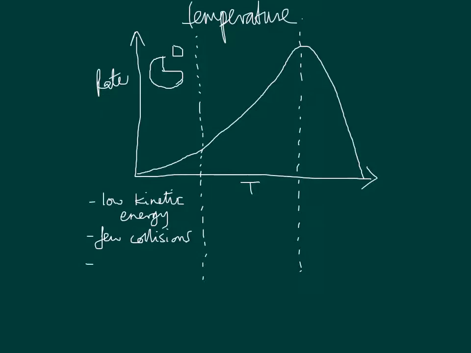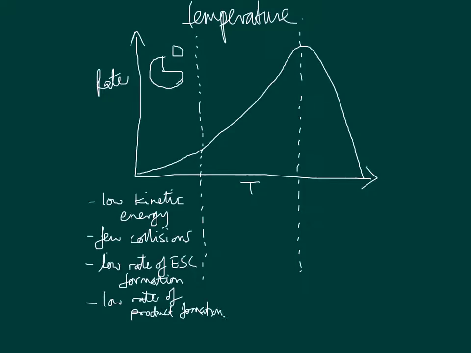So because we have fewer collisions, there is a low rate of enzyme substrate complex formation. And if we're not forming the enzyme substrate complex at a high rate, we are going to have a low rate of product formation.